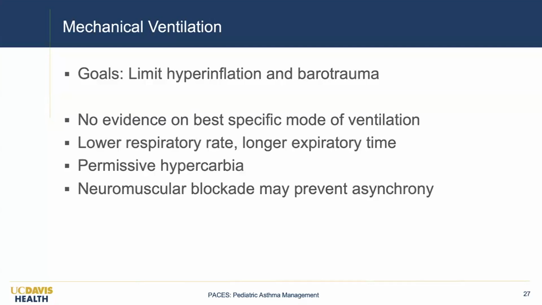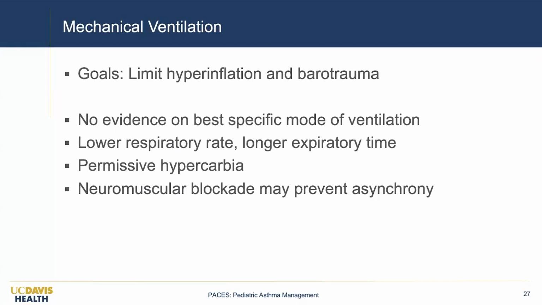We also tend to allow these patients to be more hypercarbic, so we're not aiming for perfect blood gases. And blood gases on these patients tend to look worse than patients who are intubated for other reasons. But again, sort of like albuterol, this is something that our patients, pediatric patients particularly, tend to tolerate well, especially patients without complex medical history and without congenital heart disease.